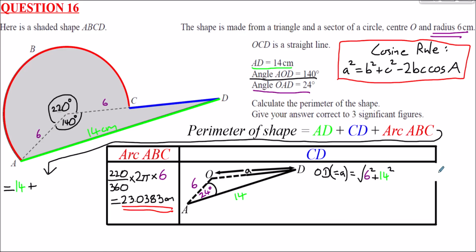Give myself a bit more space. Then we're going to subtract 2 times 6 times 14, multiplied by cos of the angle which we do know, which we're told is 24 degrees.